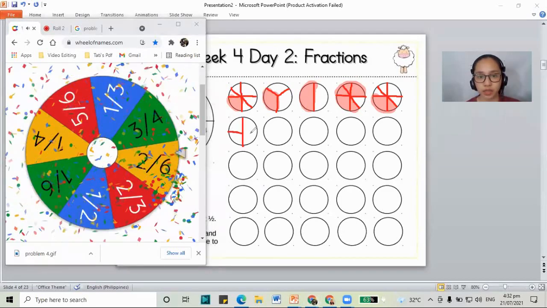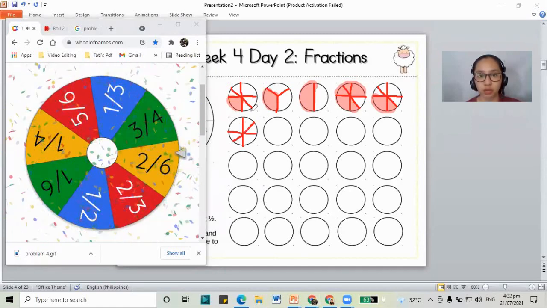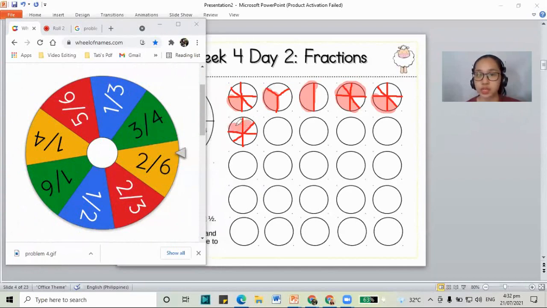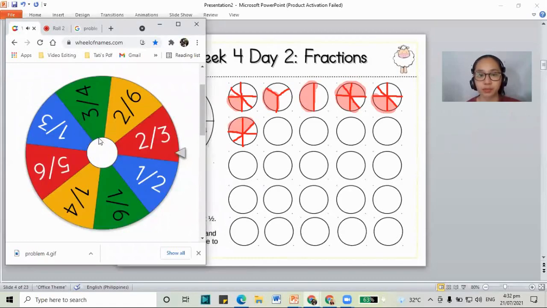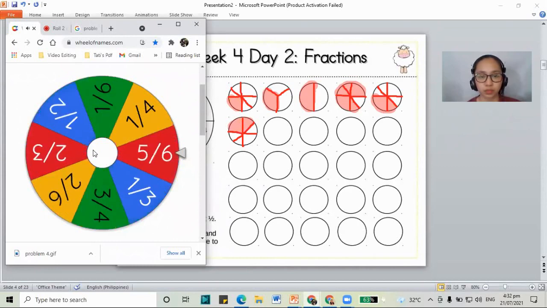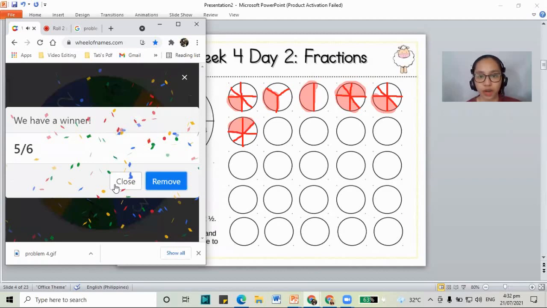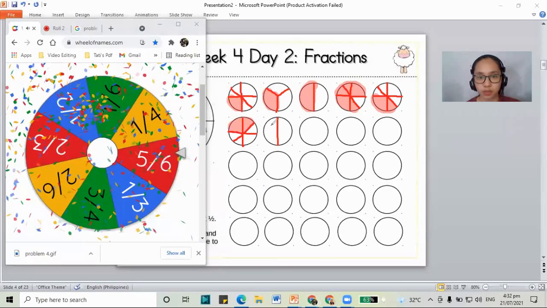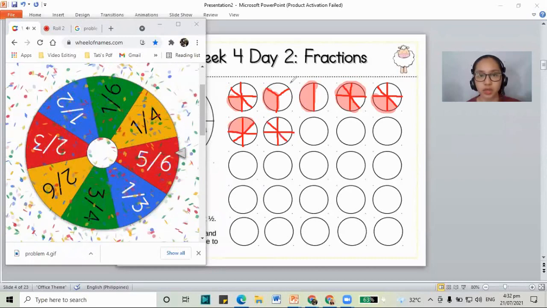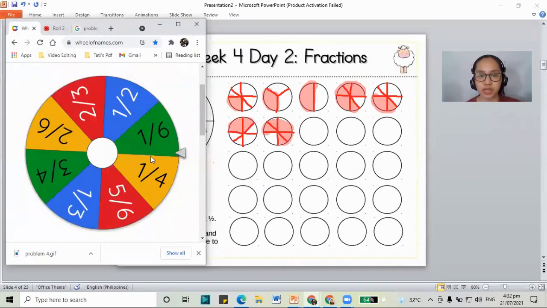Remember, 6 parts of the pie you have to cut and then you get 2 of them to make 2/6. Another one, let's spin. We have 5/6. If this one is 5/6, we have to color 5 parts. We need the 5 parts. That's 5/6. Another one.